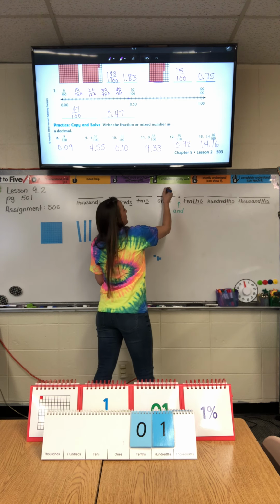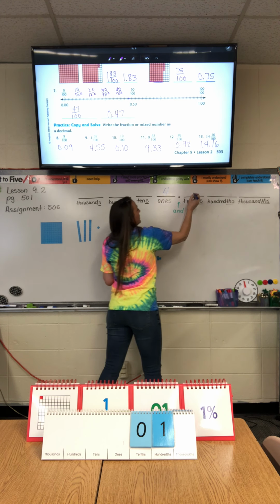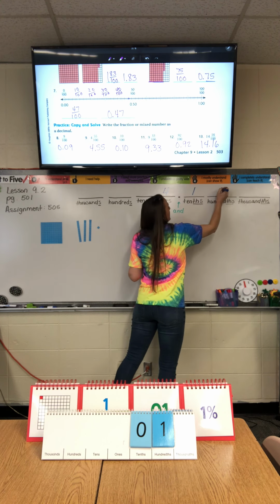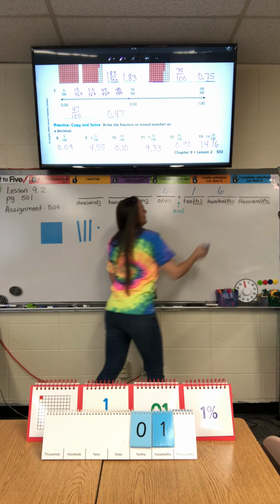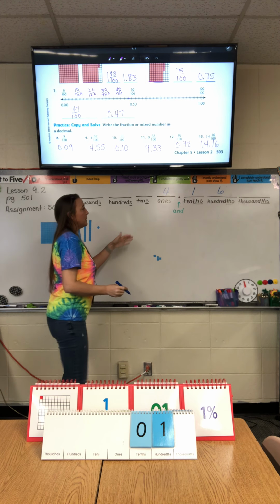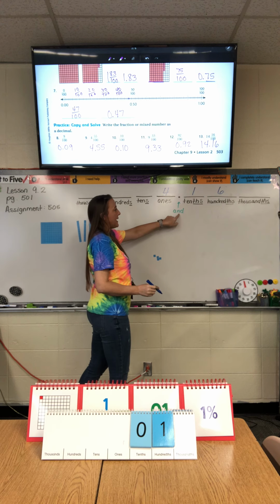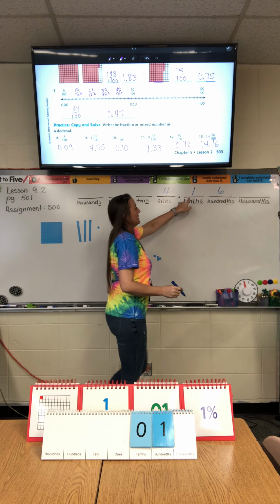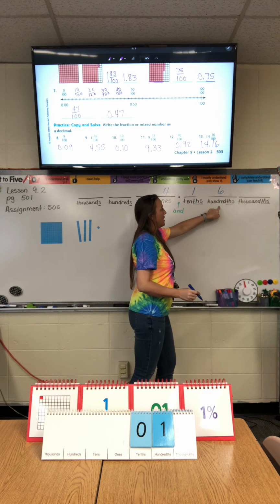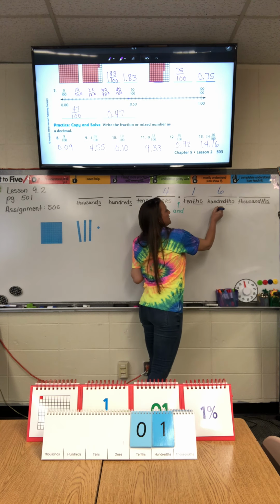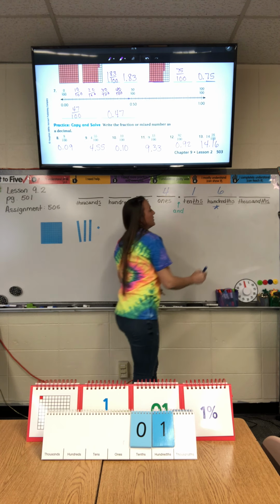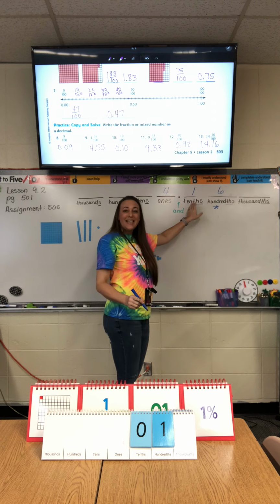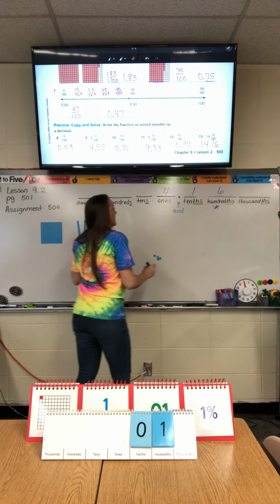Okay, so what I mean by that is if we have the number 4.16, okay? The way that you would read that is 4 and 16 hundredths. So since there's a digit in the hundredths place, you don't say the tenths, okay?